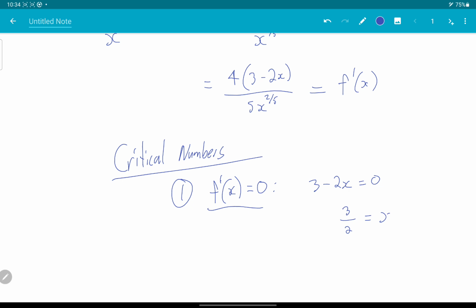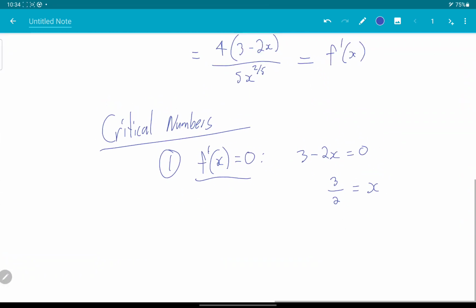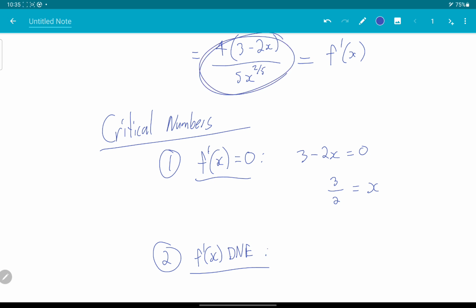And the other category of critical numbers is where f prime of x does not exist. So when does this fraction not exist? Well, it's when the denominator is 0. That's only going to happen when x is 0.